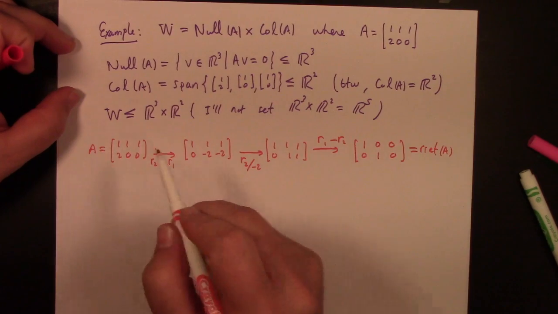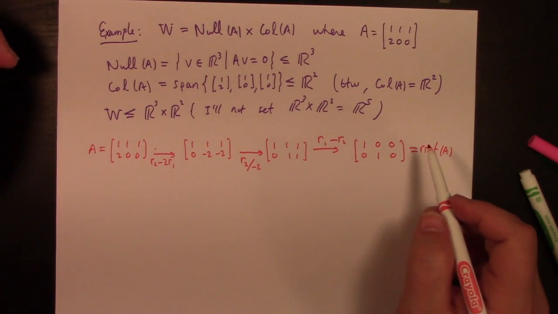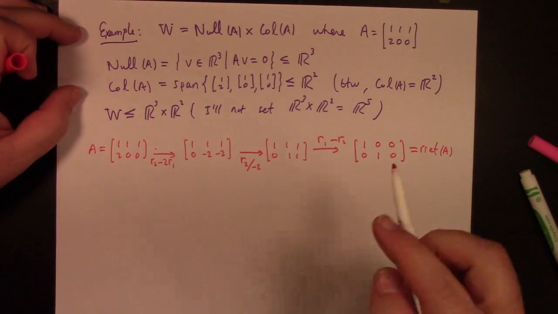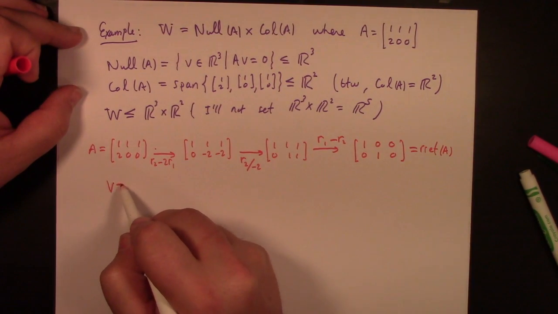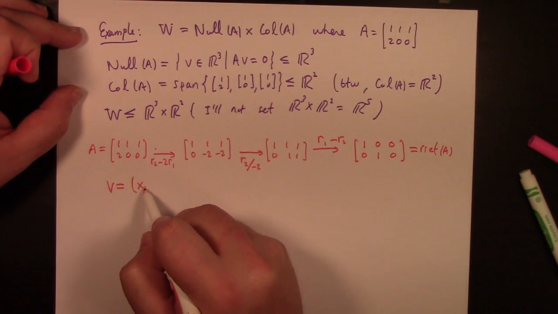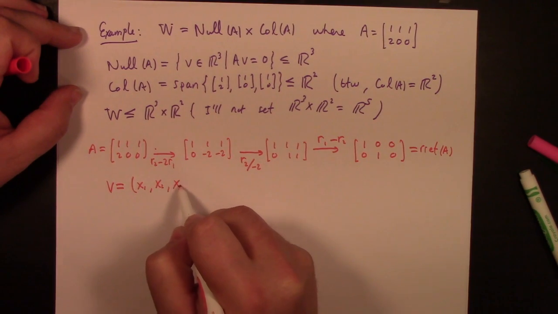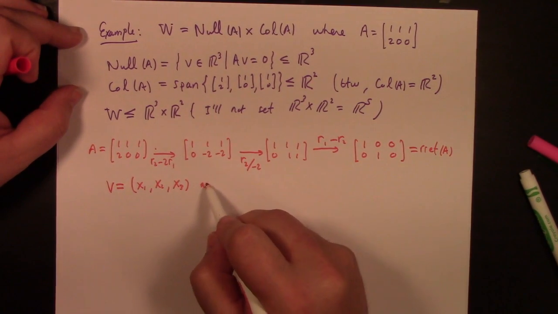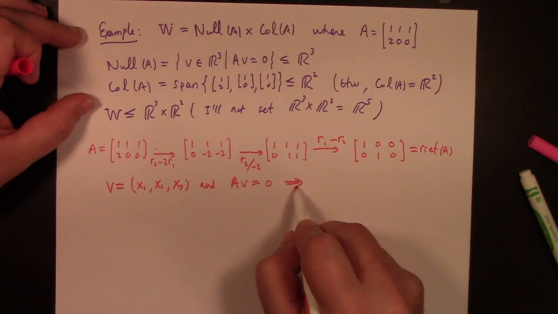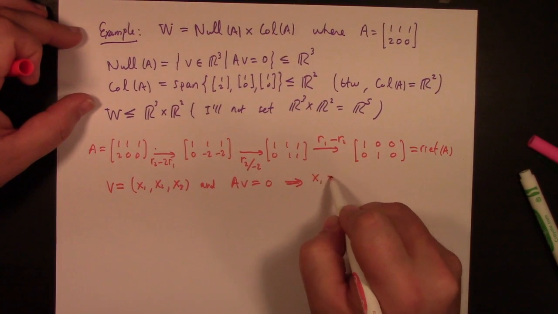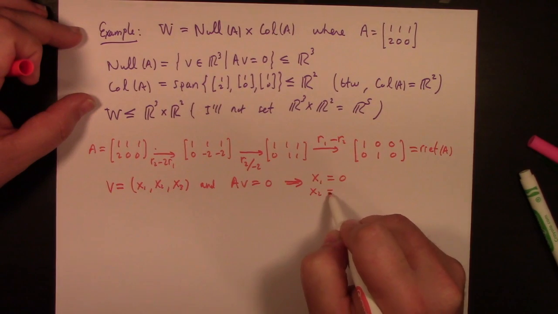All right, so basically then, if we have V equal to, say, (x1, x2, x3), and we have AV equal to 0, well, from this I can see that x1 is equal to 0 and x2 is equal to 0.